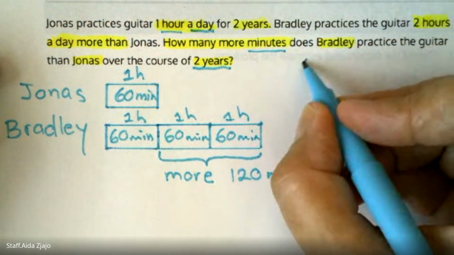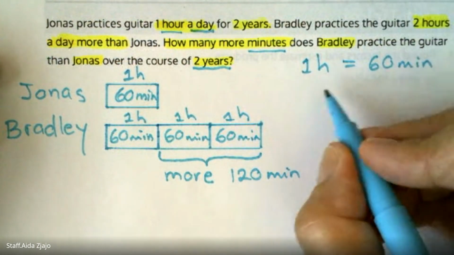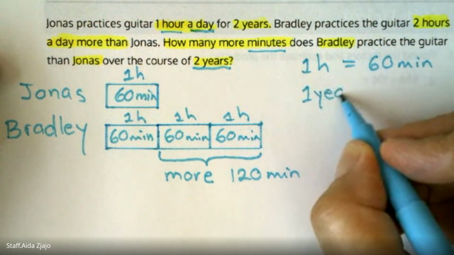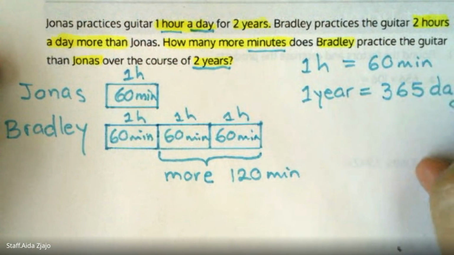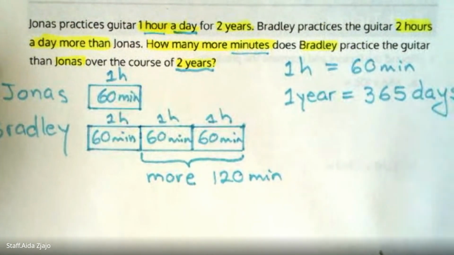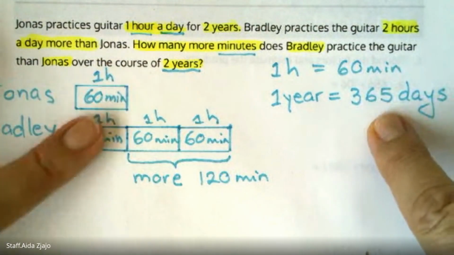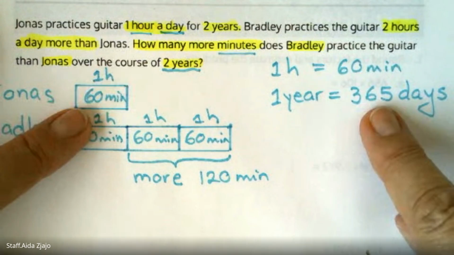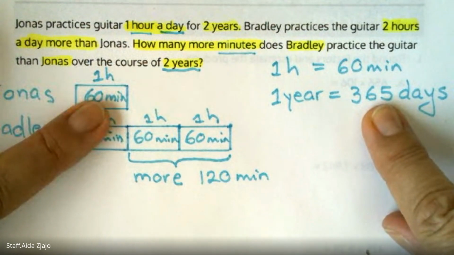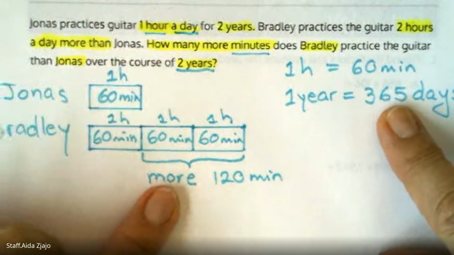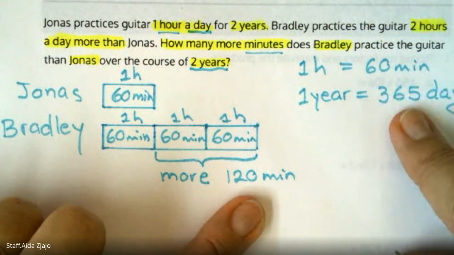If 1 hour equals 60 minutes, we also need to know that 1 year equals 365 days. So for a year, he practiced every day 60 minutes. So it will be 365 times 60. And to find how much more Bradley did, we can say 120 times 365.